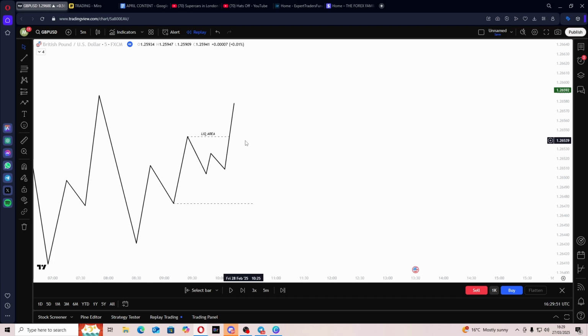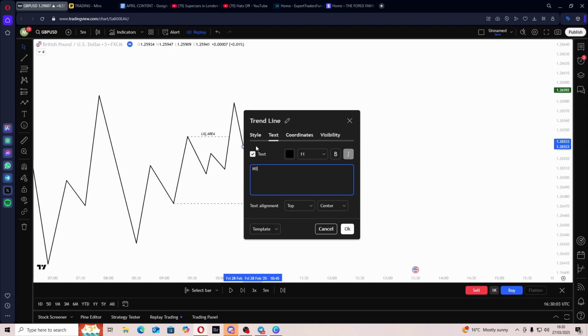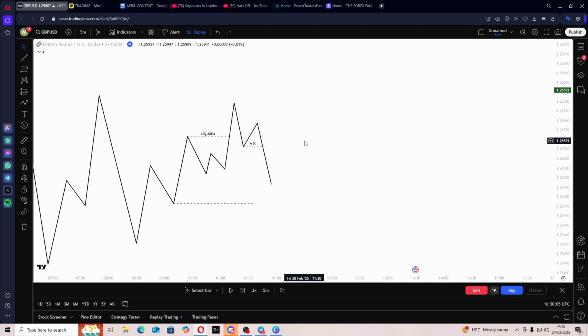It's simple. What we need to do is wait for the market structure shift, right? So we're going to wait for price to do a move like this. And once it actually does make a move like this, what we need to do is mark out our market structure shift right here. And once we do this, it's so easy, because now we can just mark out our fair value gap, which will be right next to it right there.